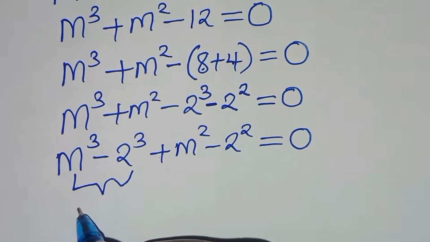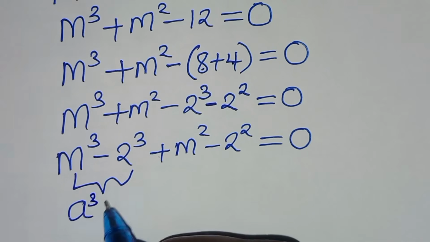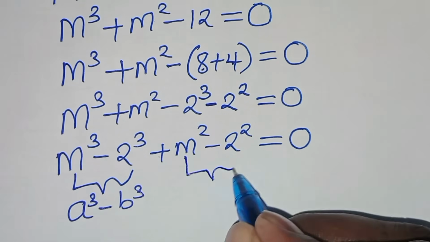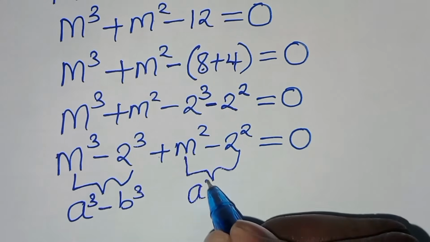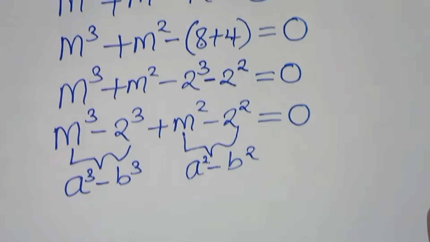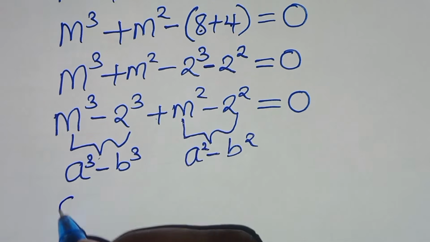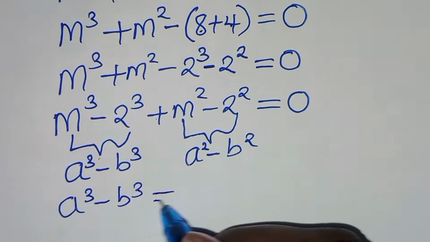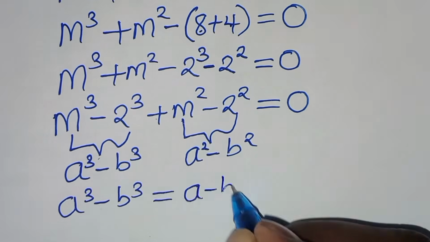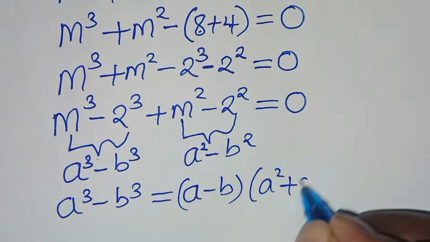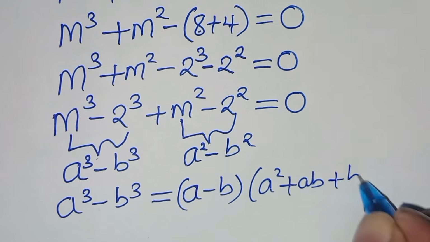The first part is the difference of two cubes expressed as a to the power 3 minus b to the power 3. And the second part here is the difference of two squares expressed as a squared minus b squared. So from the first part here, a to the power 3 minus b to the power 3 can be expressed as a minus b, then a squared plus ab, then plus b squared.